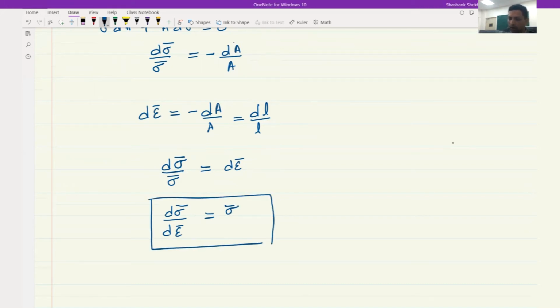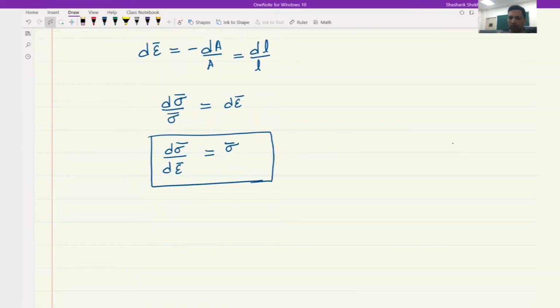So this defines our plastic instability condition for uniaxial condition. Now let's put the relation which we know is sigma bar equal to K epsilon bar to the power n.